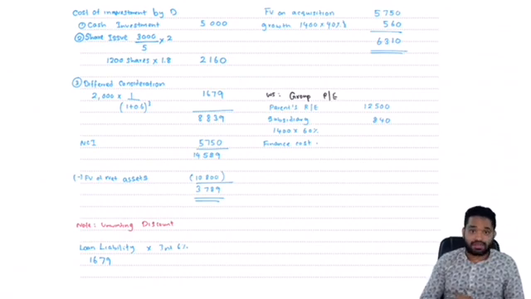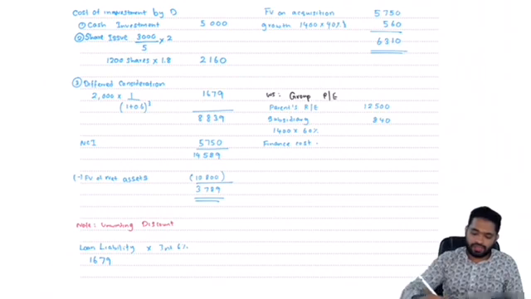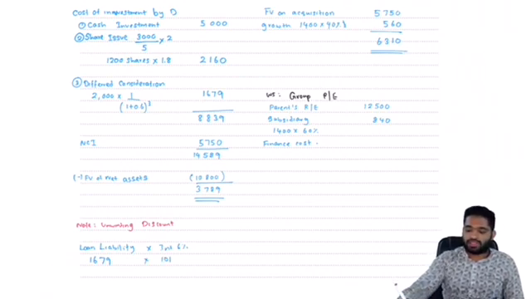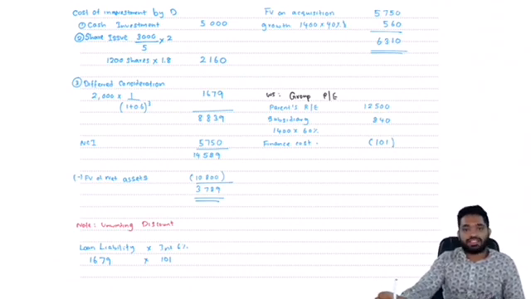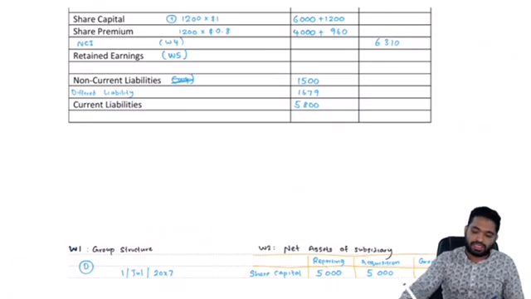So 1679 into 6% interest, that is going to be 100.74. We'll round it off to 101. So the finance cost that is coming from the unwinding is 101. And this finance cost of 101 needs to be added to your deferred liability. So your deferred liability will increase by 101.